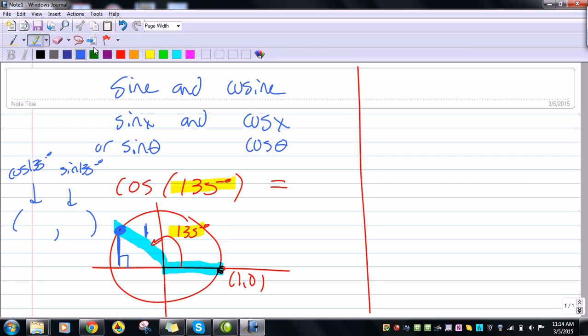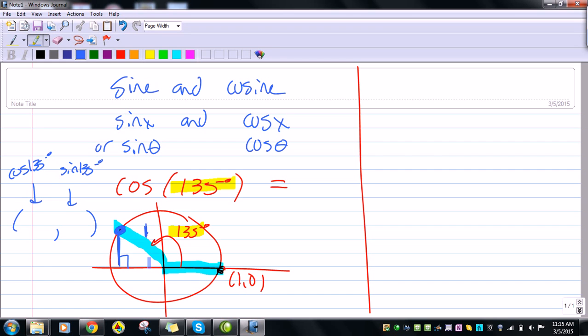So what I'm going to do now is try to figure out what this reference angle is. A couple ways to do it. To go the 135 degrees, there are essentially 45 more to get me to 180. If I ended up here on the x-axis, that would be 180 degrees. So this reference angle is 45 degrees.